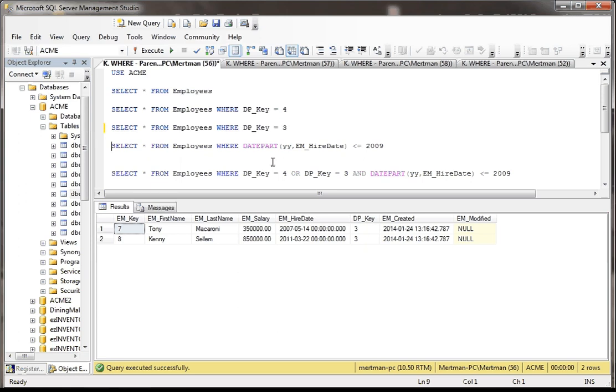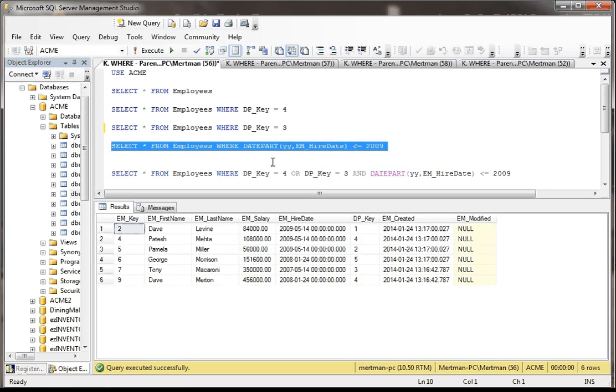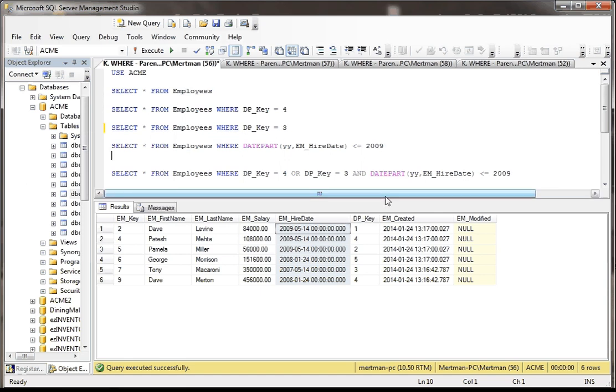Here's me running another query where I'm going to take everybody that was hired in 2009 or earlier. Boom, here we go. We have people that were hired in 2009, 2008, 2007, but nobody from like 2012 or anything like that. Okay. All these things separately don't really do anything for me.